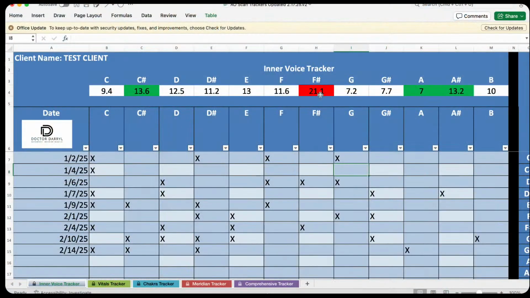Let me look at it again. That 1 note will be F sharp. I can't see what the balancer to F sharp is, but it would show up on your screen. The balancer to F sharp, I would listen to that note isolated for 10 or 20 minutes, because now you're dealing with a situation of having only 1 out of the 12 showing up not green.